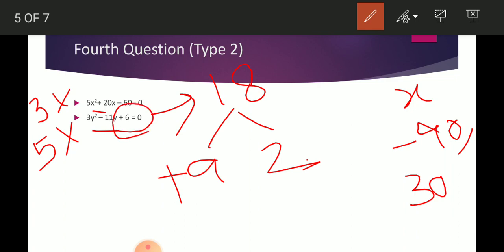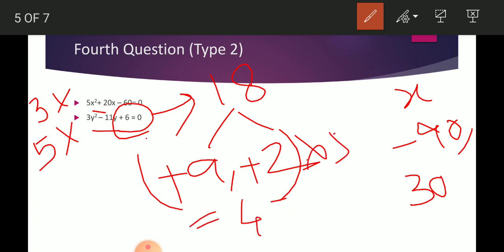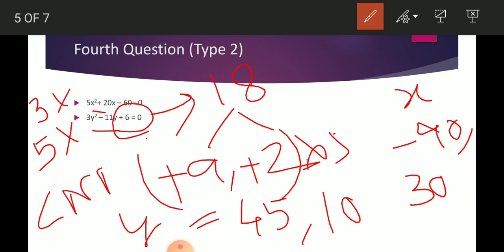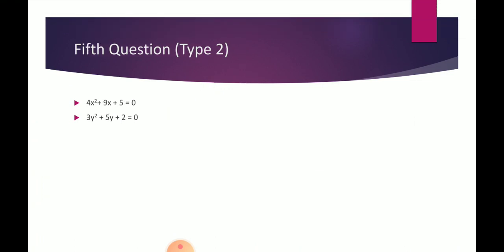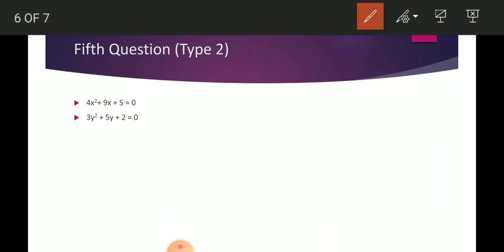Since the sign before this constant term is positive, both roots will have the same sign, but we have to multiply this by 5, so we will get 45 and 10, both positive. So these are our values of y. Now if we compare, 45 is greater than 30 but 10 is less than 30, so in this case we can determine the result. Okay, next come to the next question, which is also the last question of this video.